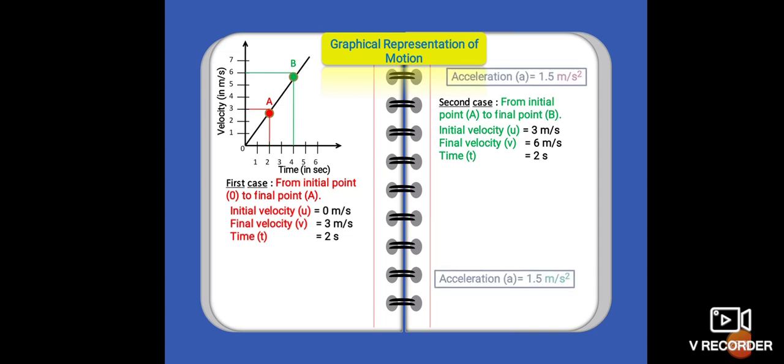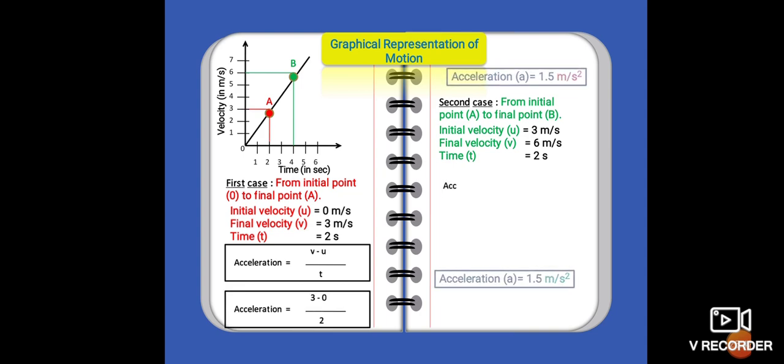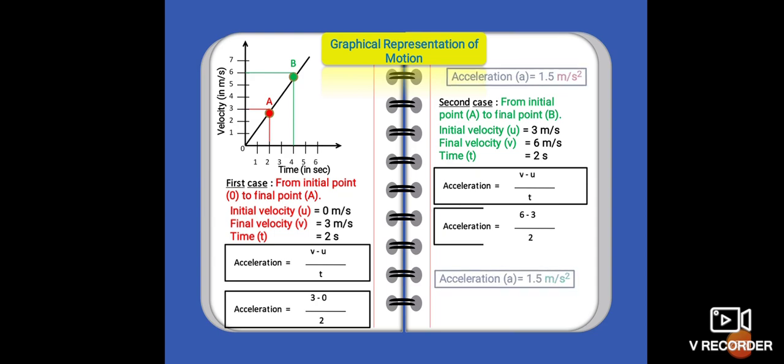And what is acceleration? It is v minus u by t. So according to this, in both the cases, acceleration is 1.5 meter per second square, and this is the example of uniform acceleration.